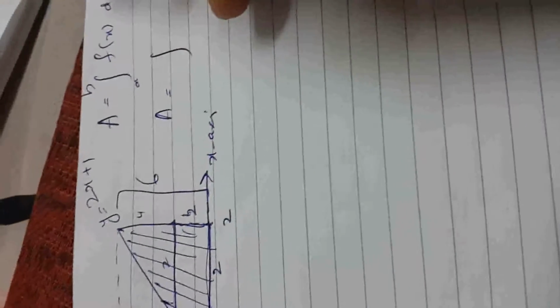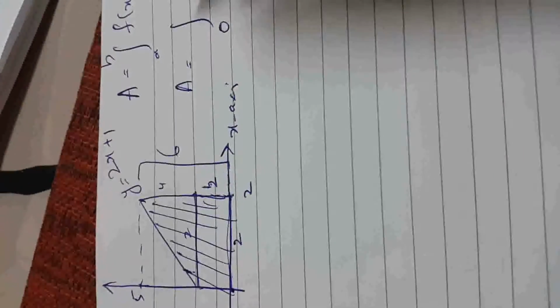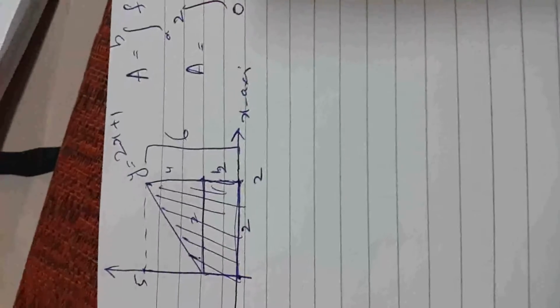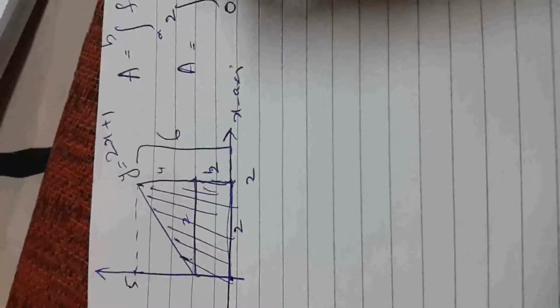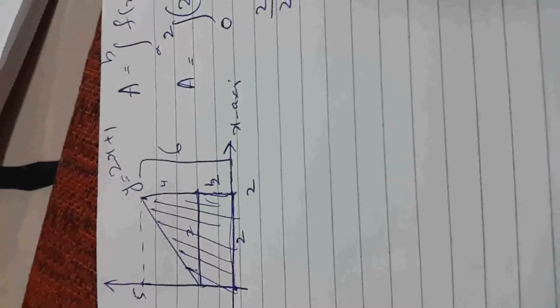Now let's verify if we get the same result through this formula as well. The lower limit is 0, the upper limit on the x-axis is 2. The function is now 2x plus 1. Let's integrate this. You will get 2 over 2 x squared plus x from 0 to 2.